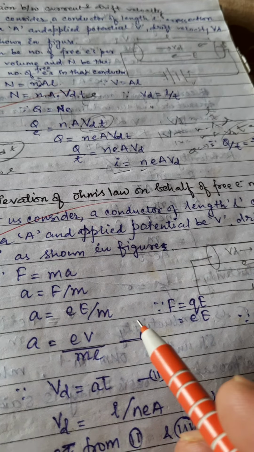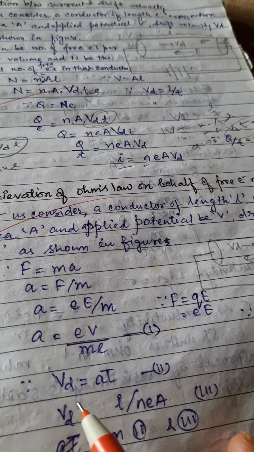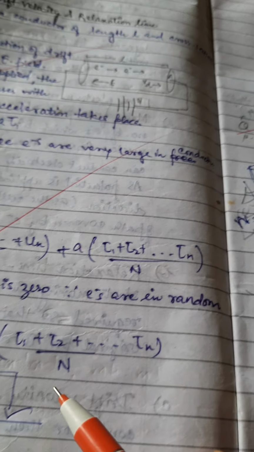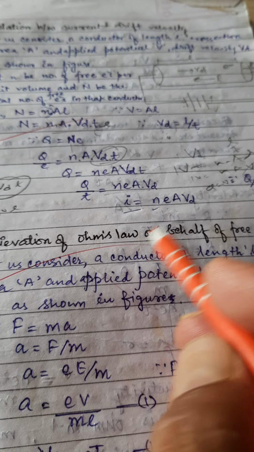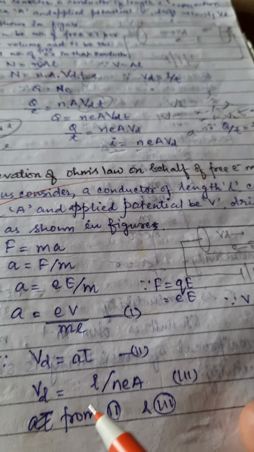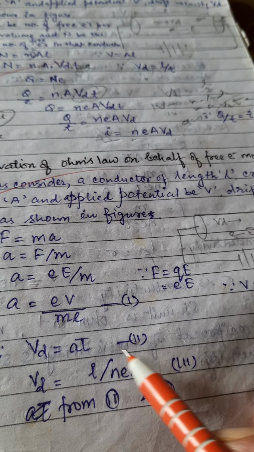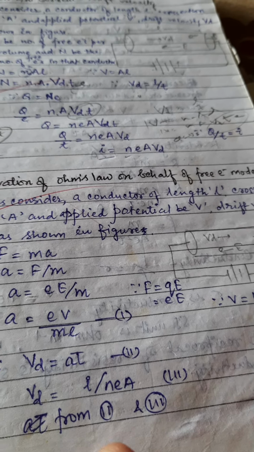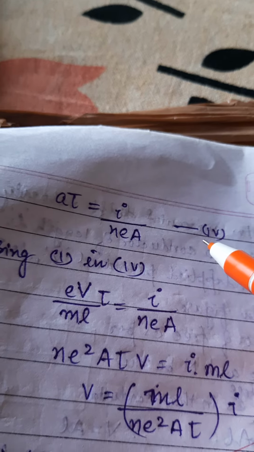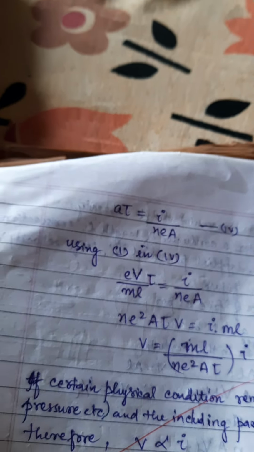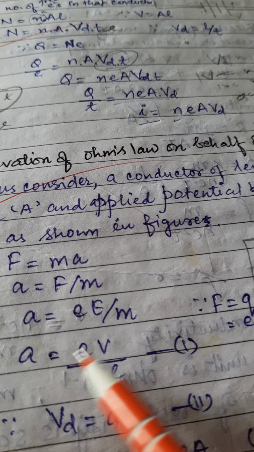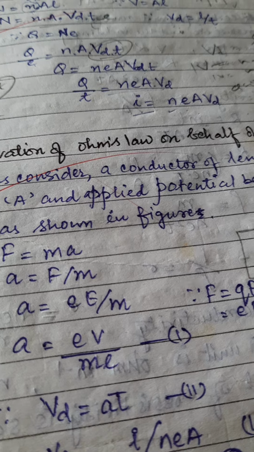Now leave it, this is the first relation. And also we know that Vd is equal to a tau, already discussed. From the current relation we also find the value of Vd: Vd is equal to I upon nAe. Comparing the second and third, we find that a tau is equal to I upon nAe. Now using the first in the fourth, a is equal to eV upon mL.